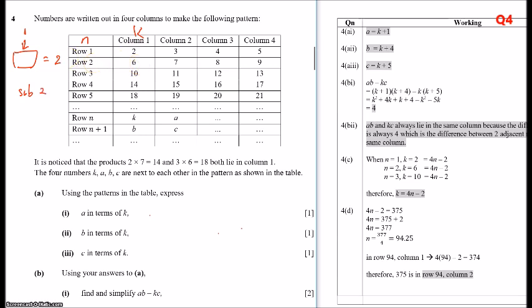So if I sub 2, my K should be 6. So this is your basic algebra. You need to create some sort of nth term. And in this case, how I do it is, it's always going to be some number times your n, and then it's either plus or minus some number, and you will get your answer.